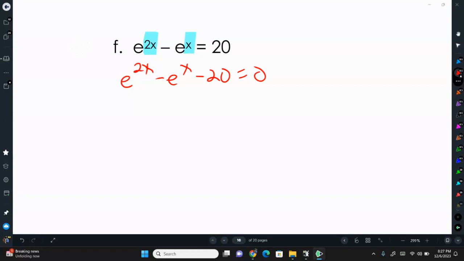Okay, so now we got to find two numbers that multiply to negative 20, but add to negative 1, and that's negative 5 and positive 4. So our parentheses is going to be e to the x plus 4 times e to the x minus 5 equals 0.